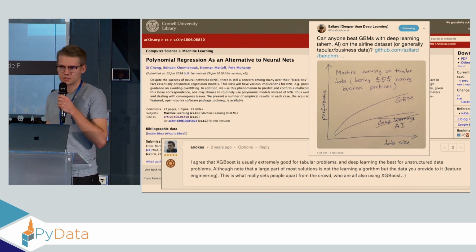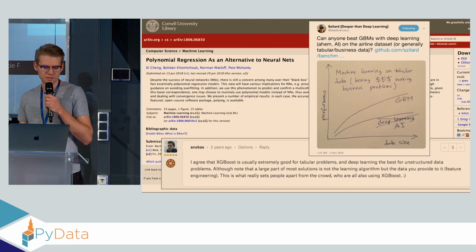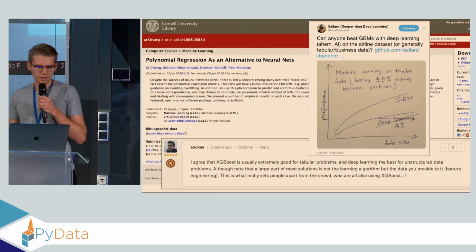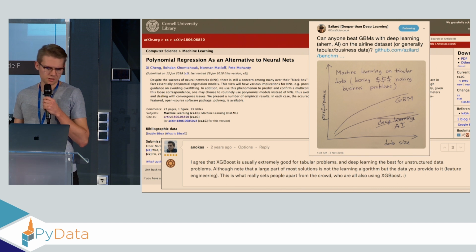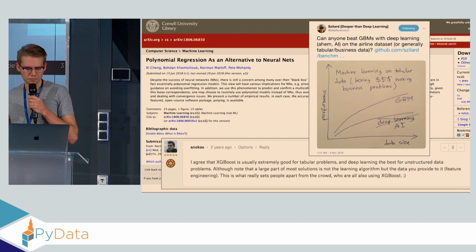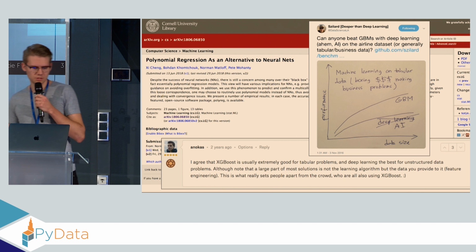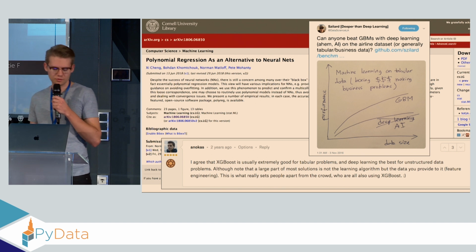This is of course when we're dealing mostly with tabular data. So in these simpler cases, for example the airline data set, there are cases when we don't have to resort to such computationally expensive methods.